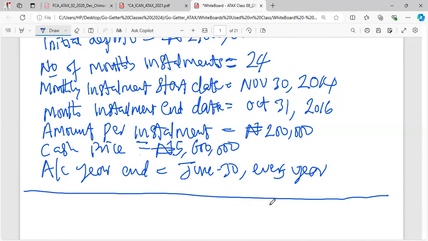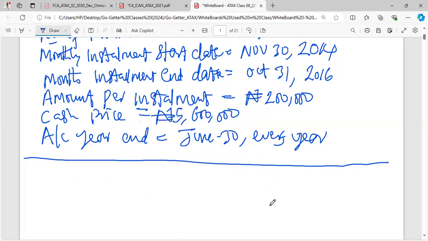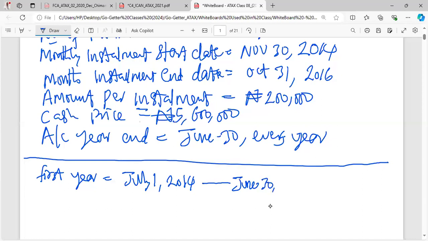For the relevant year. So it means that the first year, this is in 2014. So the first year should have been running, since it is June, from July 1, 2014 down to June 30, 2015.